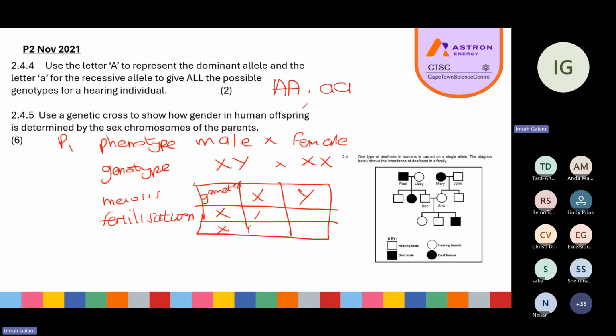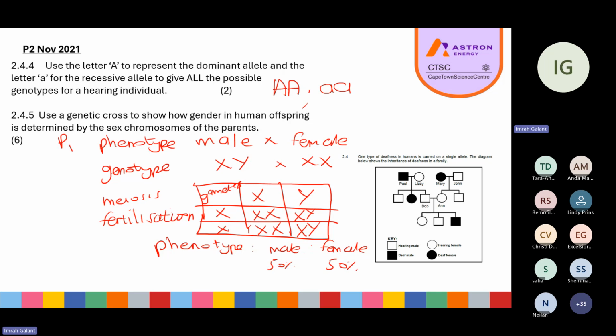Okay, so the gametes are going to cross. You're going to end up with XX, XX, and then XY, and again XY. So the phenotype would be 50% males and 50% females.